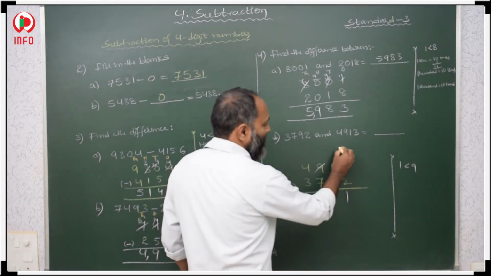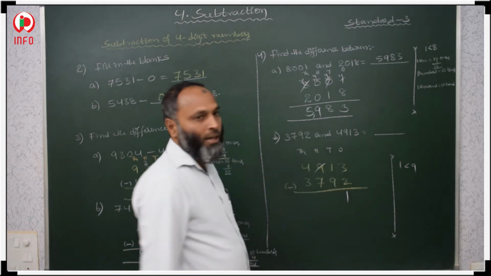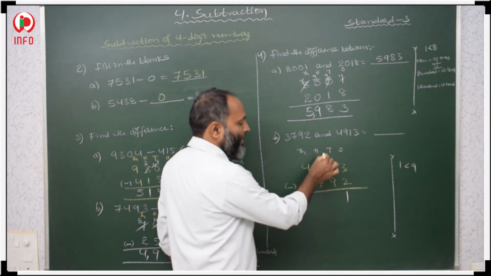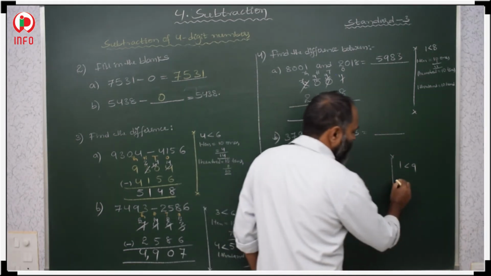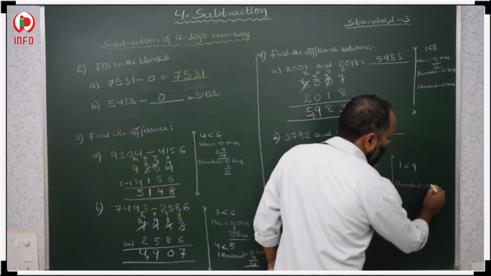This is ones, tens, hundreds, thousands. Take 100. So here 800 is left. 100 is equal to 10 tens.